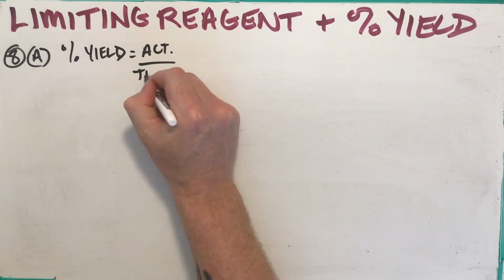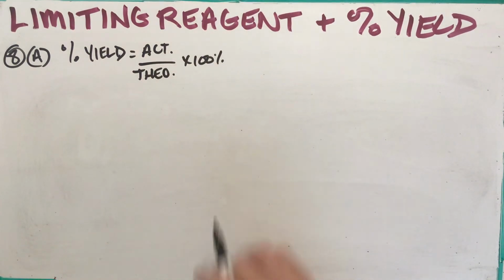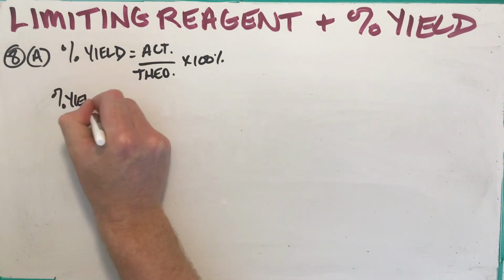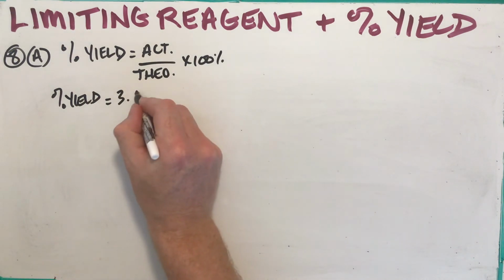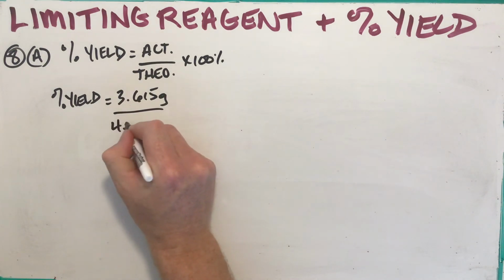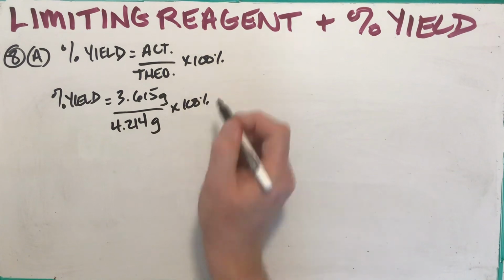I'm going to shorten this up because you know what these mean by now. For 8A, it gives me the values. So my actual yield was 3.615 grams, and the theoretical was 4.214 grams, times 100%.